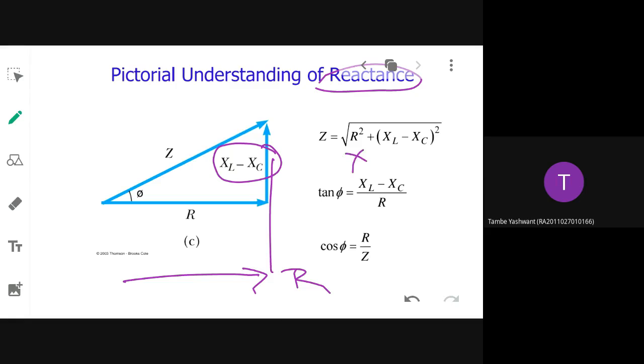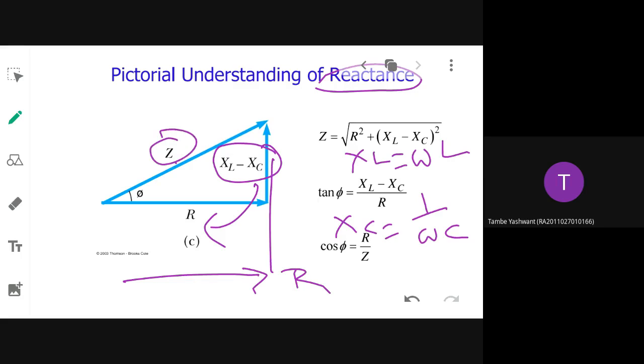XL is my inductive reactance, given by the formula omega L. And XC is 1 by omega C, that is my capacitive reactance. Then if we take the vector sum of these two, that will be equivalent to Z. So what does Z represent?